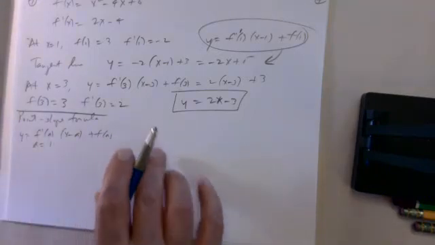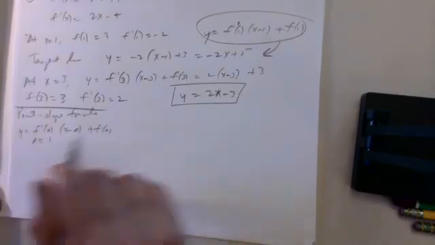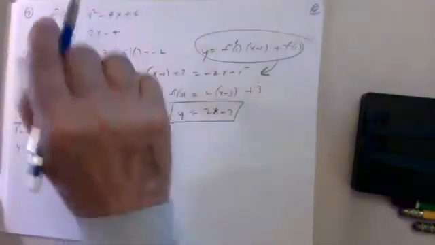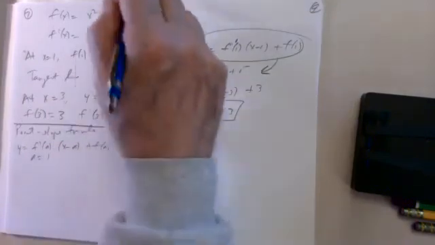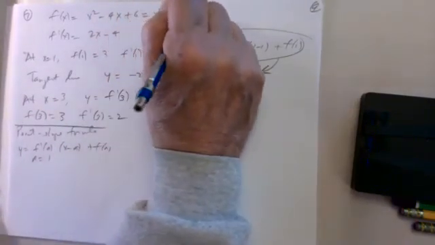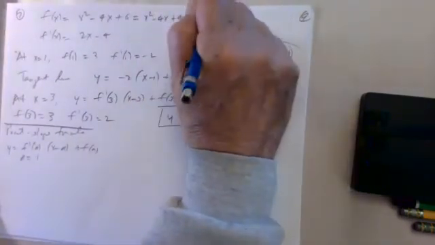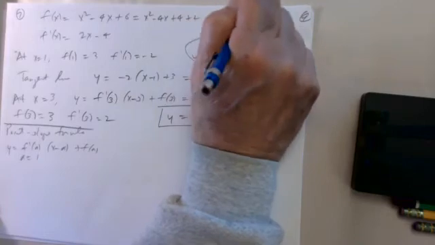Now it's a nice exercise to try and sketch what's going on. So this is my function, x squared minus 4x plus 6. If I want, I can write this as x squared minus 4x plus 4 plus 2, which is x minus 2 squared plus 2.